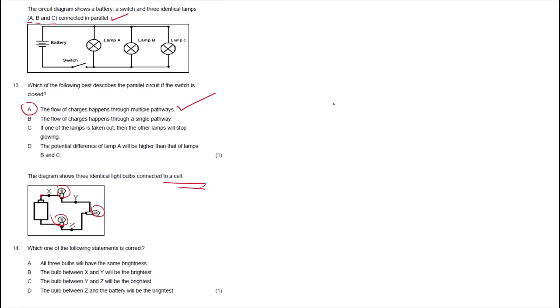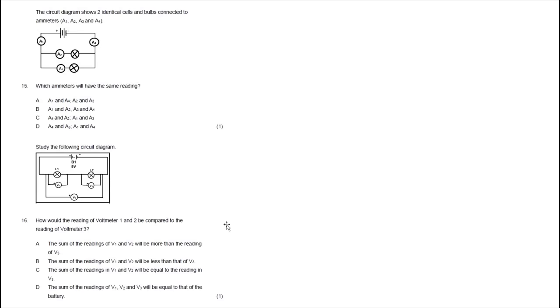We can see that these light bulbs are all identical and correctly placed. So the correct answer will be A, which says that all three bulbs will have the same brightness because they are all identical and correctly placed, right? And then next we will move to our next question, which is question 15.